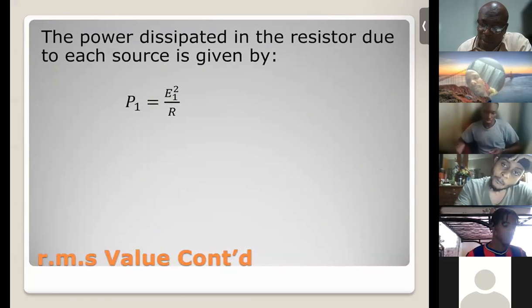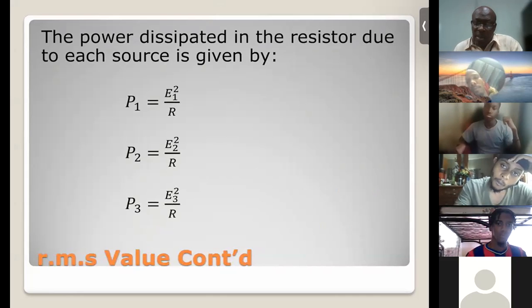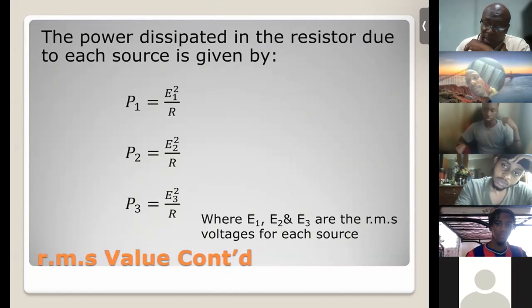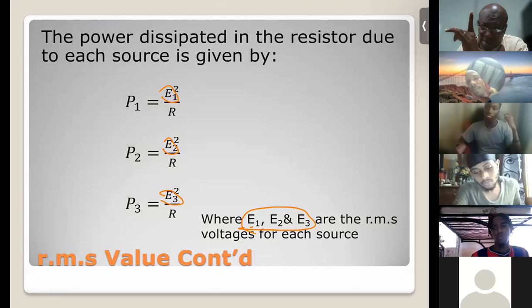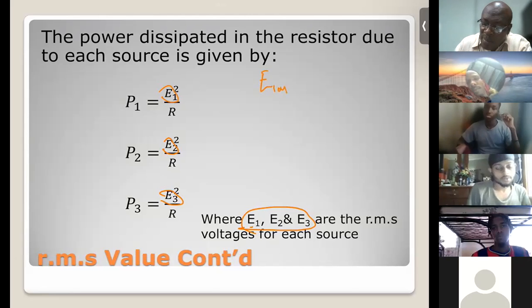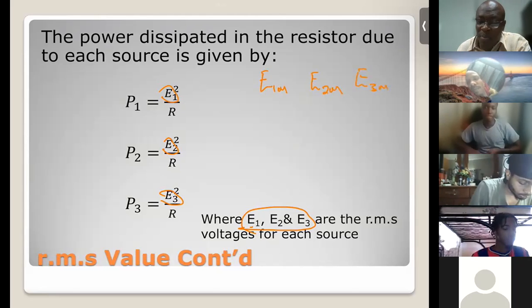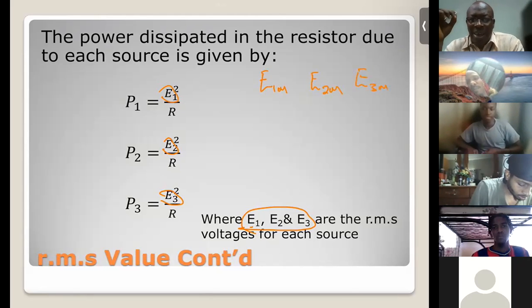Now, I want to make a distinction quickly, and that is E1, E2, and E3 are RMS values. However, I'm distinguishing this from E1M, E2M, and E3M. With the M, what these represent are the amplitudes of the waveform.